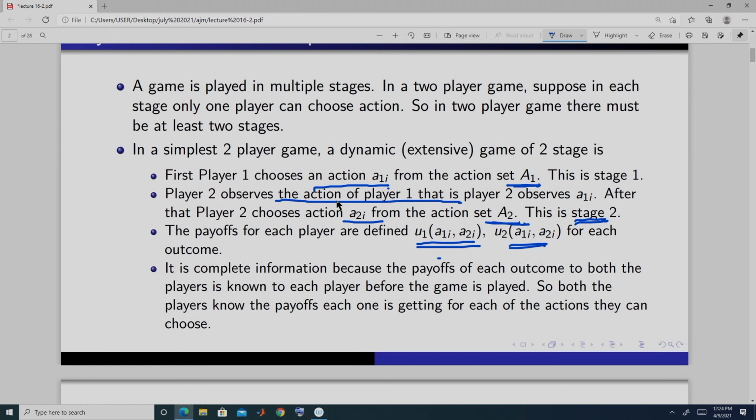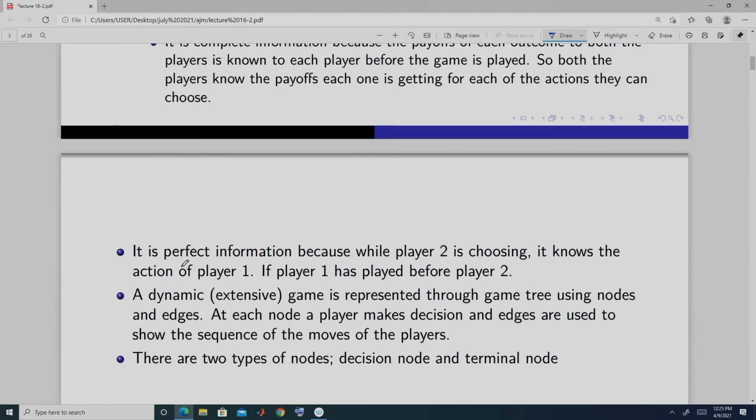Player 1 knows all the possible payoffs of player 2 and its own, and player 2 knows the possible payoffs of player 1 and of itself. They know each other's payoffs, so that's why it is complete information. And it is perfect because when player 2 is choosing, it knows the history, so it knows the action of player 1, because it is moving second. Because of that, it is a perfect information game.